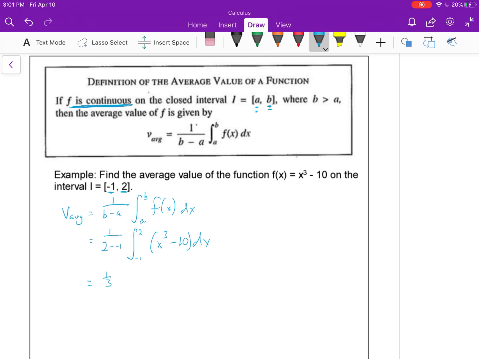And so we get 1/3, and then this integral is going to be 1/4 x to the 4th minus 10x, evaluated from -1 to 2. So we have a 1/3 out here. Putting in 2 will give us 1/4 times 2 to the 4th, which is 16, minus 10 times 2.